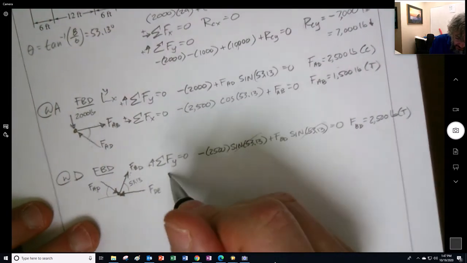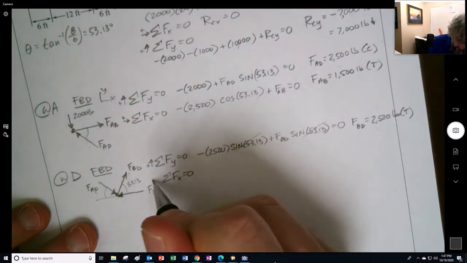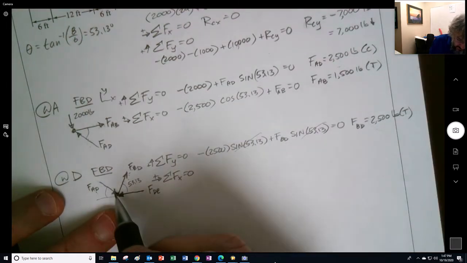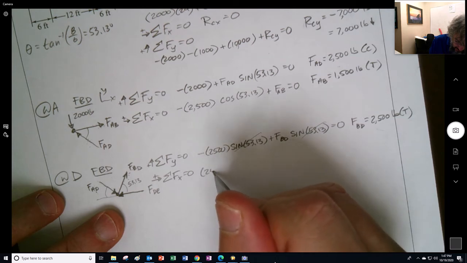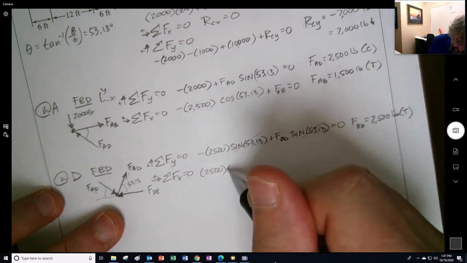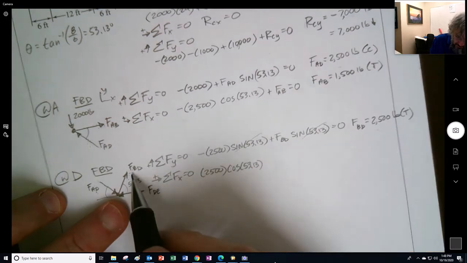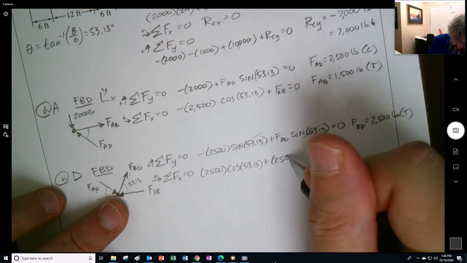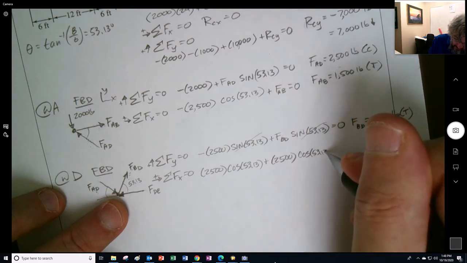And then in the x direction, we say, well, look at this. This is positive right here. So we got a 2,500 times the cosine of 53.13. And then this too is also 2,500, so 2,500 cosine of 53.13.